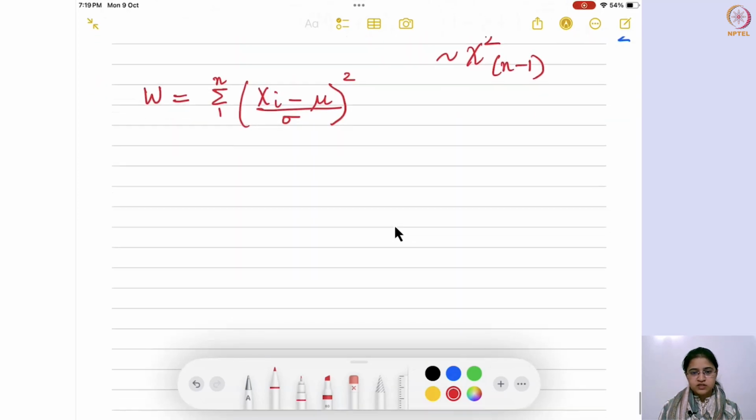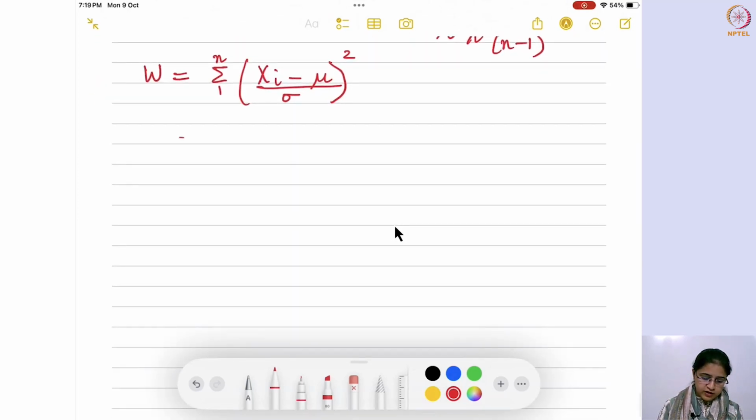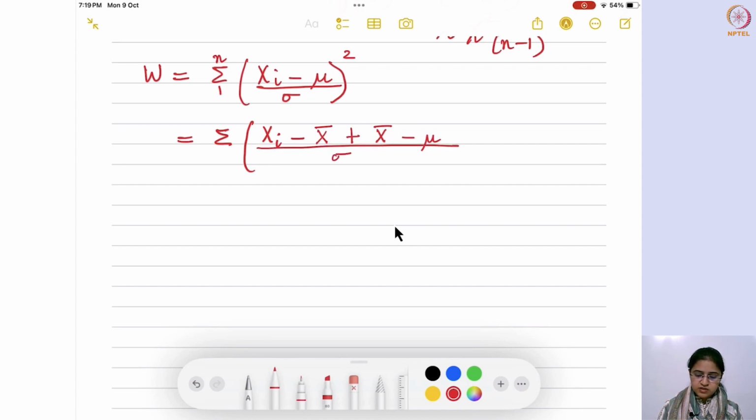Now if you look at this, here we can add and subtract the sample mean. It won't make any difference. So xi minus x bar plus x bar minus mu, whole divided by sigma, whole square.